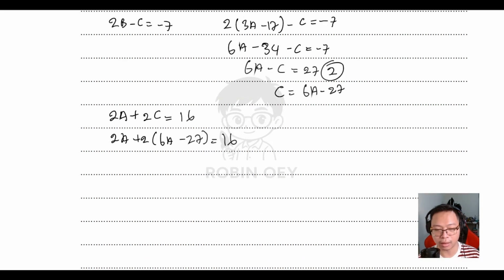Now it is 2A plus 12A minus 54 equals 16. So we have 14A equals 70, and A is 5.